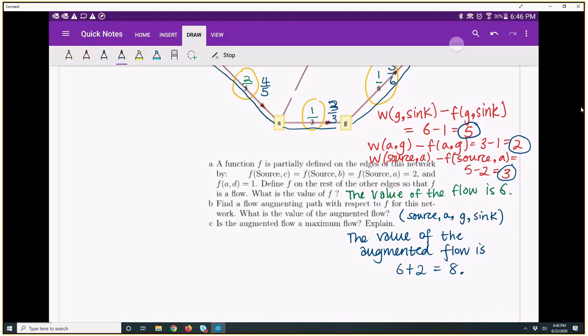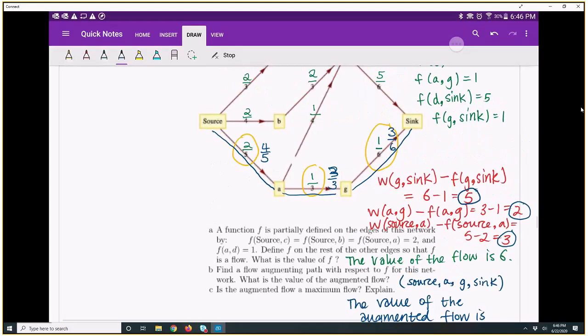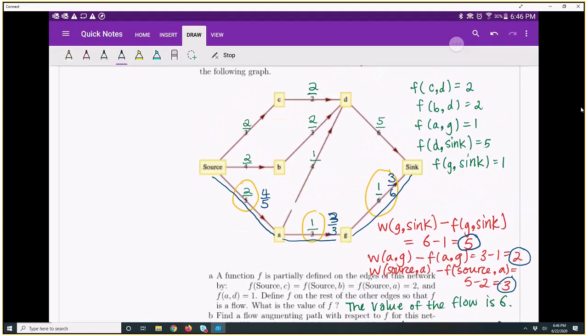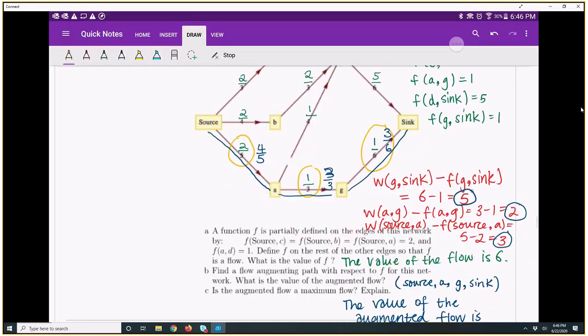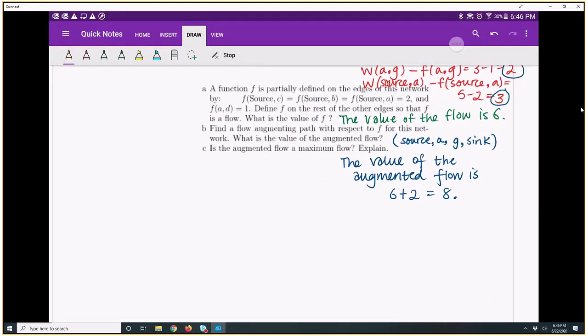Now I did mention that there were other possible flow augmenting paths. For example, I can see that I can send another gallon from source to B, and from B to D, and from D to sink. So this is not the maximum flow. Question C asks us if this is the maximum flow, and we'll say this is not the maximum flow.